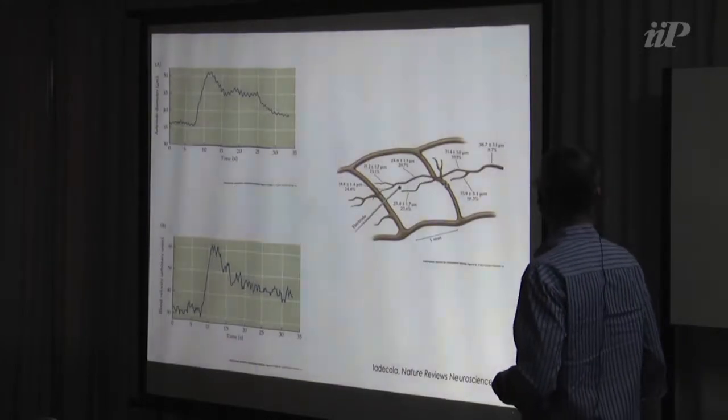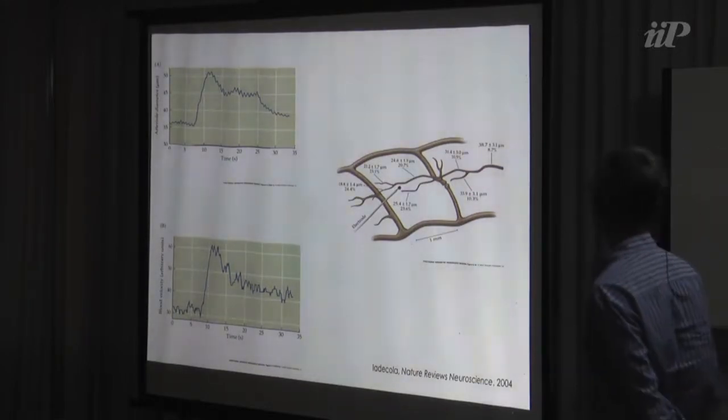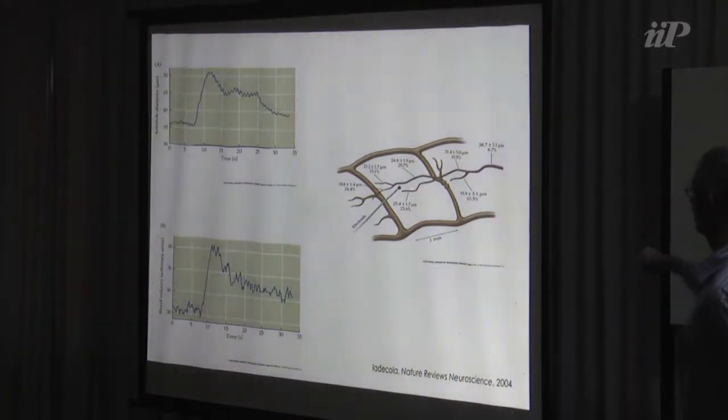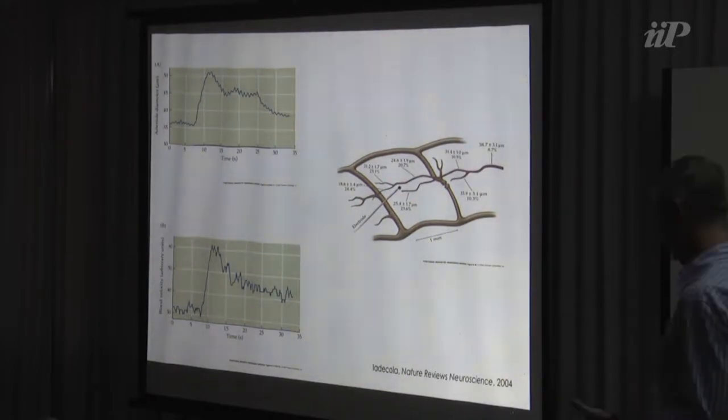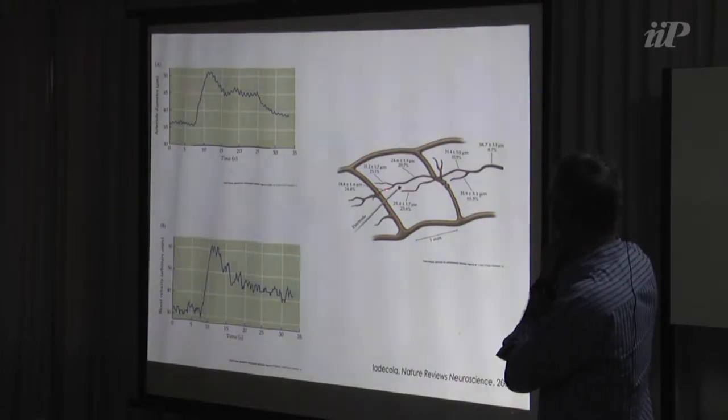So just to show you some of the more modern measurements, basically what you do is you stimulate, in this case, the palm of a mouse, and then you have an electrode placed where you would expect to have increased electrical activity, and then you measure the increase in blood vessels around that site.